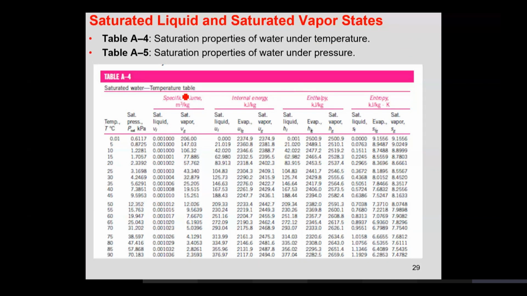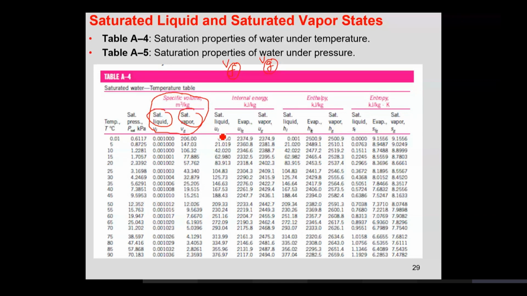Now the next column is specific volume. The rest of the columns are the same for A4 and A5. The values may not be the same, but the column headings are the same. For specific volume, the first column is given for saturated liquid and the second column is given for saturated vapor. Remember, saturated liquid is recognized by the subscript f and saturated vapor is represented by the subscript g.